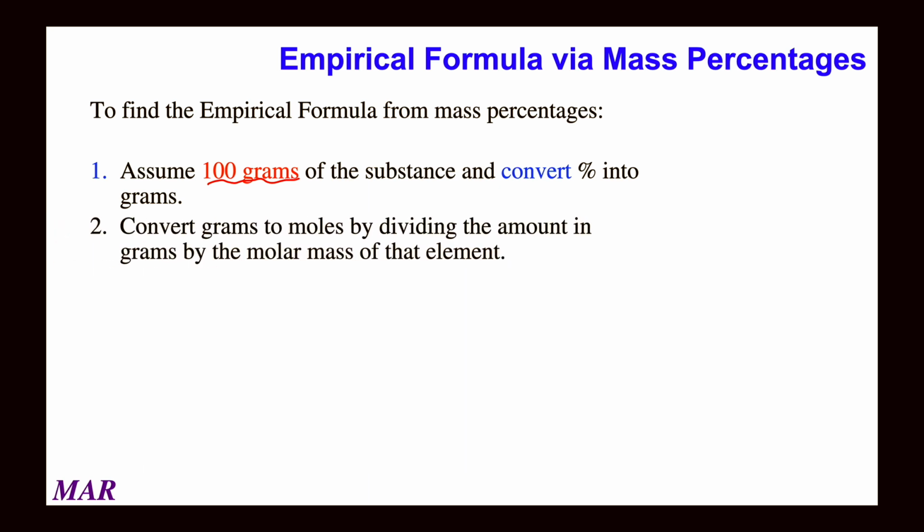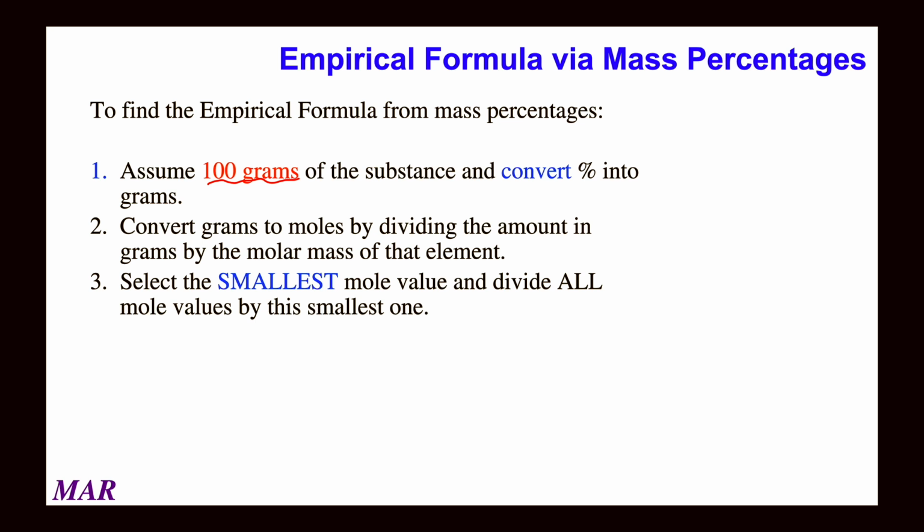So if you have 37% hydrogen, that would be 37 grams of hydrogen. And if you have 37 grams of hydrogen, you can turn that into moles using the molar mass on the periodic table. So percentages to grams, grams to moles.